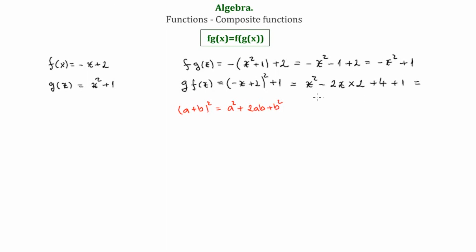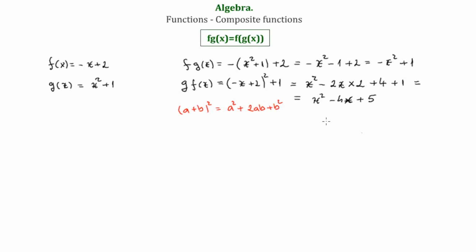It will be therefore equal to x squared minus 4x plus 1 plus 4, so then plus 5. This is gf of x, and fg of x is minus x squared plus 1.